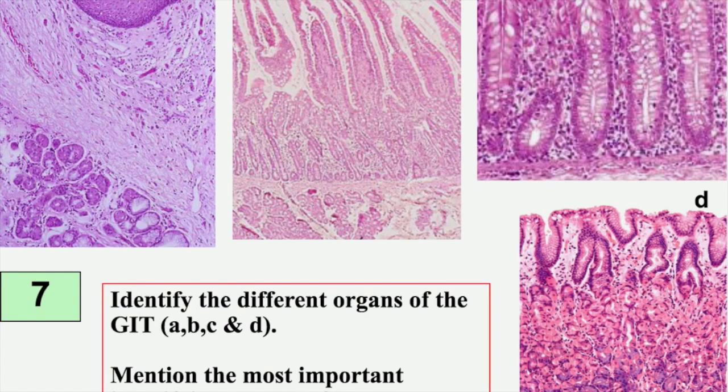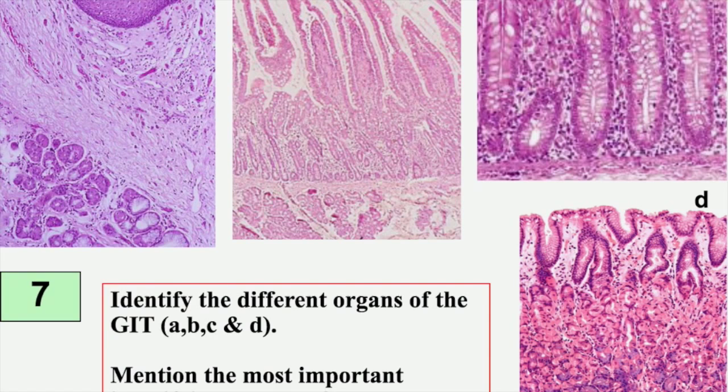Number D, here we have glands, and the deep part of the glands appear to have basophilic cells, and the central part is rich in acidophilic cells, and this is the duct of the gland. Look at the ratio between the duct and the secretory portion.